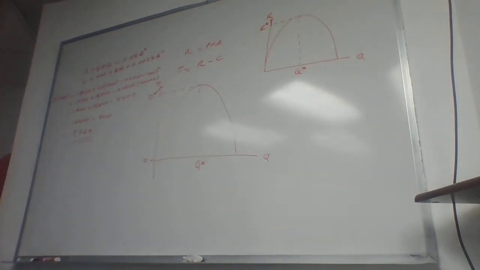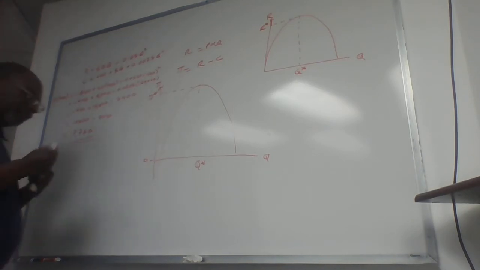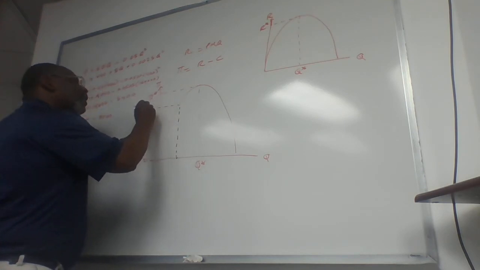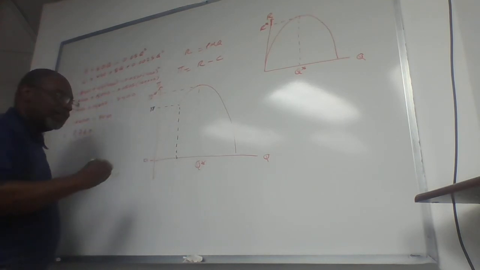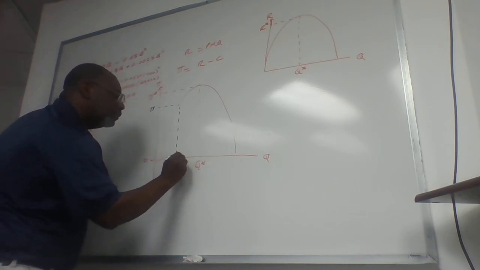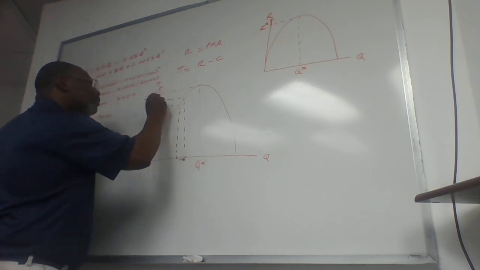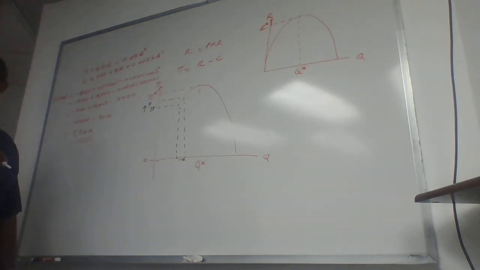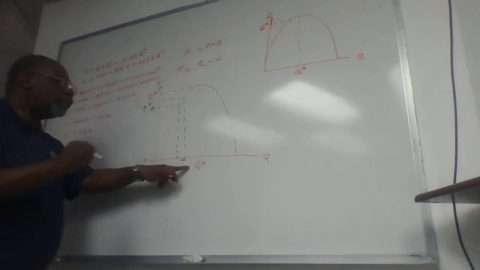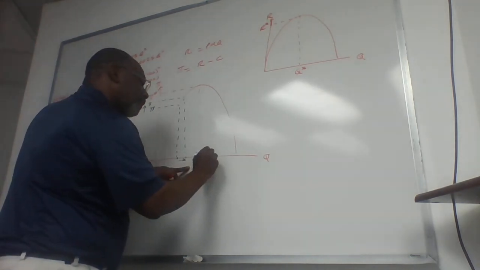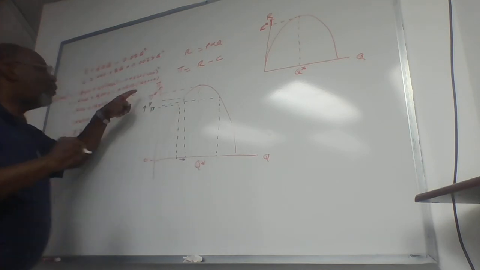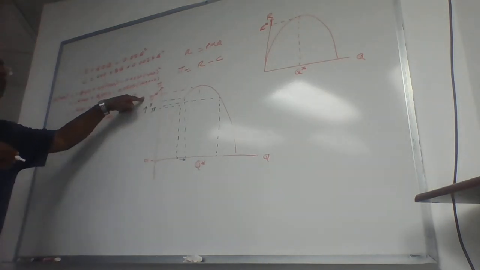This is important for us because, at any other level of production, say we're producing here, that's our profit at that level. If we increase our production just slightly, our profit will go up. But if we go too far, our profit falls below our maximum. Same thing for our revenue.